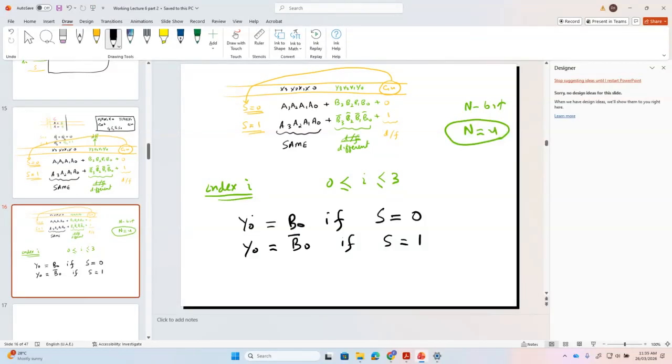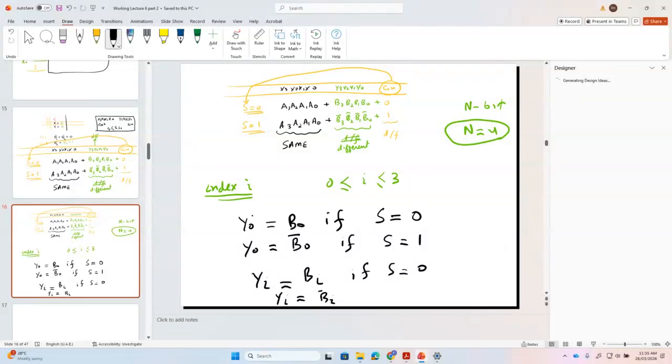Okay. In general, we can say yi will be equal to bi if s is equal to 0, and yi will be equal to bi bar if s is equal to 1. Okay. Now, so can you see here?